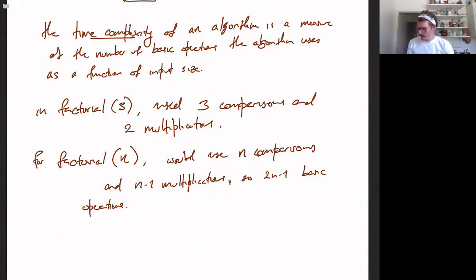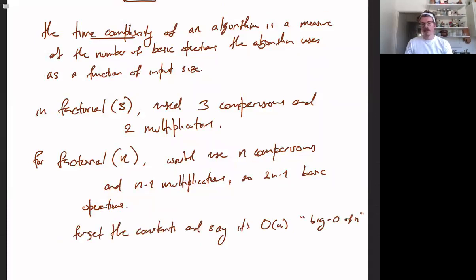So in particular, we forget the constants and the operations, and say that it's O of n. So this is said big O of n, or just O of n.